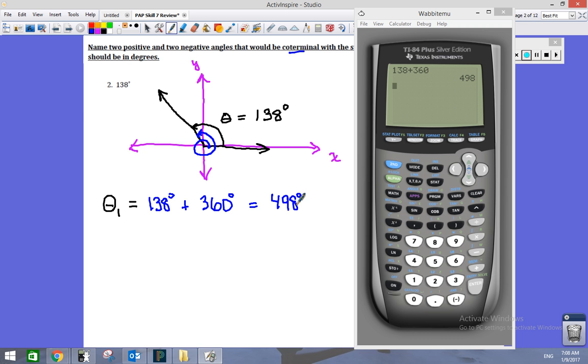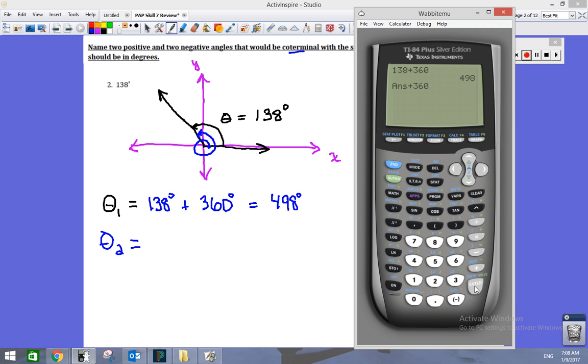So I claim that if you draw the angle 498 in standard position as I've done in blue, that it will have the same initial side and same terminal side as 138 degrees that I've drawn in standard position in black there.